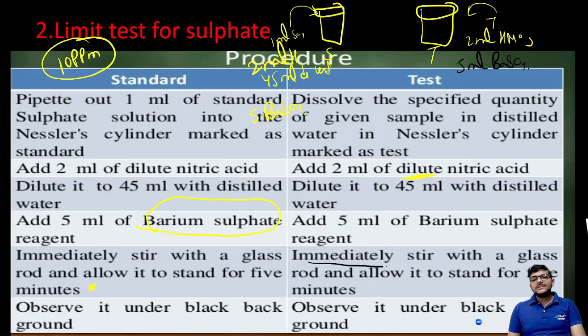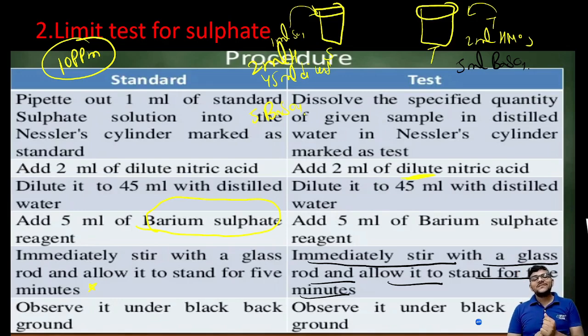You have to stir it immediately with a glass rod and allow it to stand for 5 minutes. We do not have to stir it like taking the test tube and moving it from one point to another point in our labs. No, we just put it into the Nessler cylinder stand and wait for the 5 minutes.